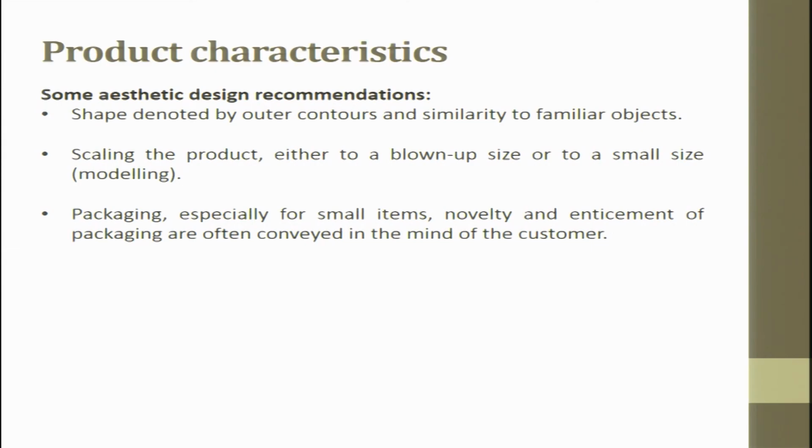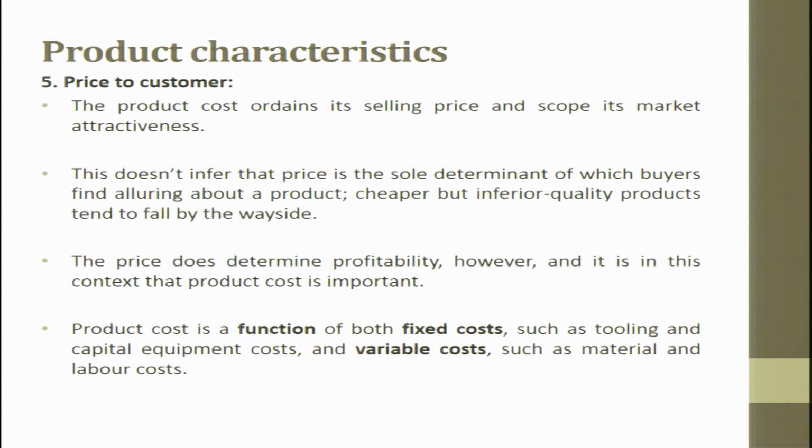Packaging, especially for small items: novelty and antecedents of packaging are often conveyed in the mind of the customer. Price to customer: the product cost ordains its selling point and the scope of its market attractiveness. This does not infer that price is the sole determinant of what a buyer finds alluring about a product.